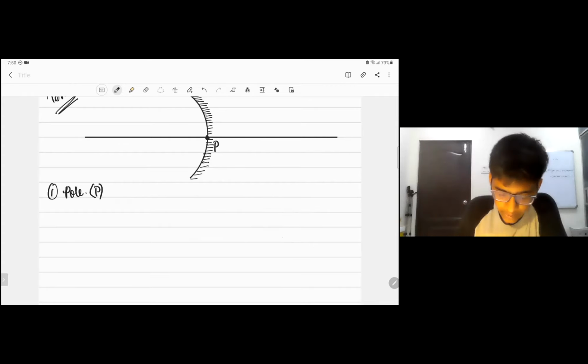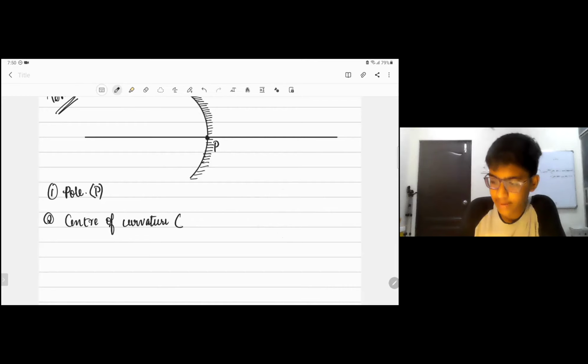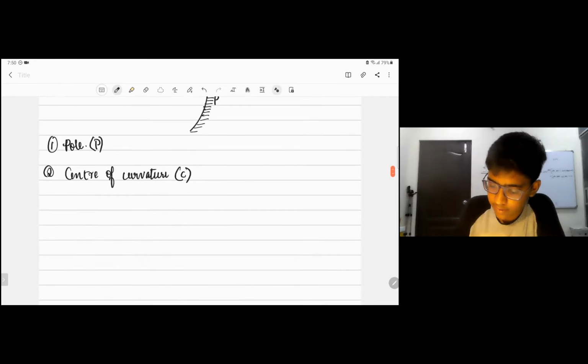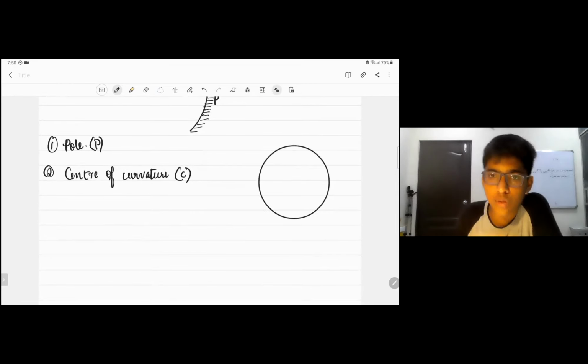The second term is center of curvature, that is C. Let me take a sphere here. This is a hollow sphere.